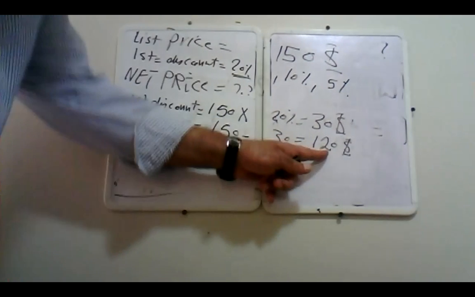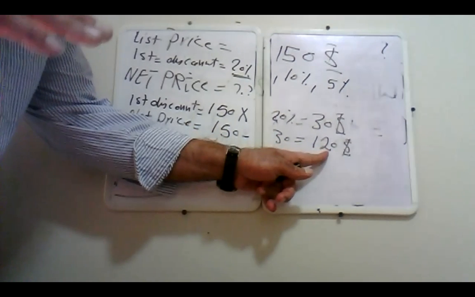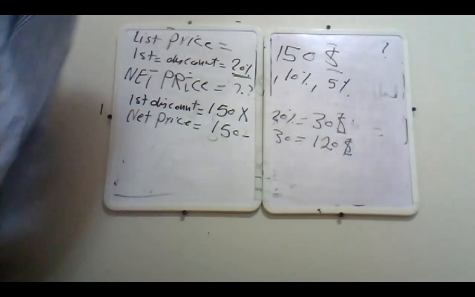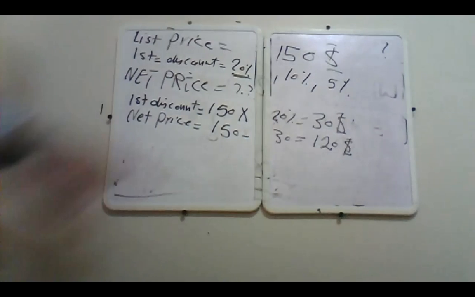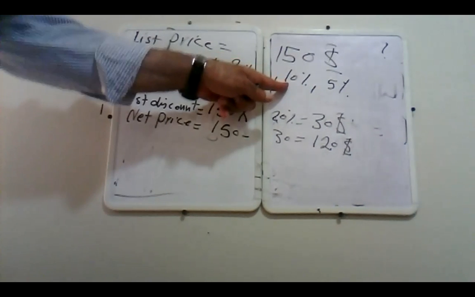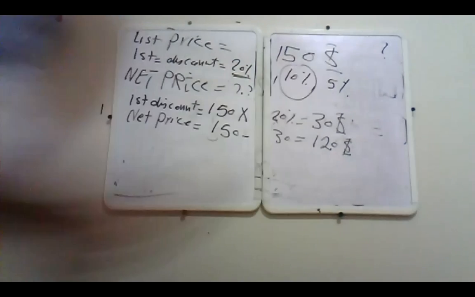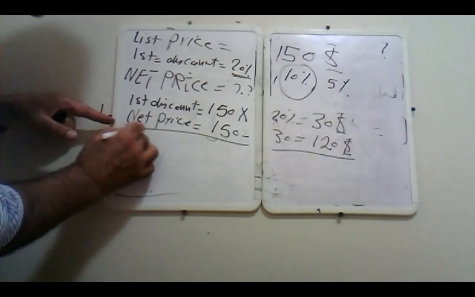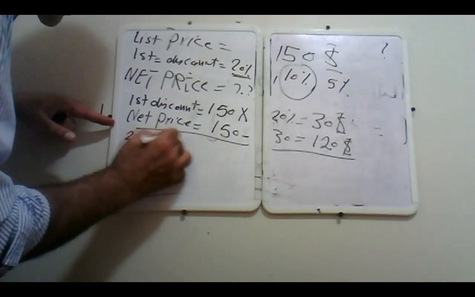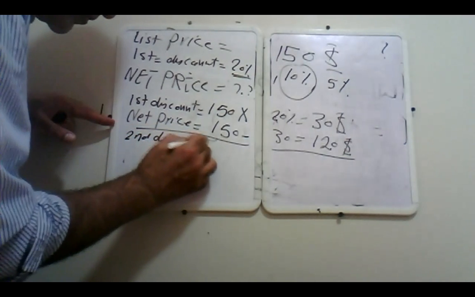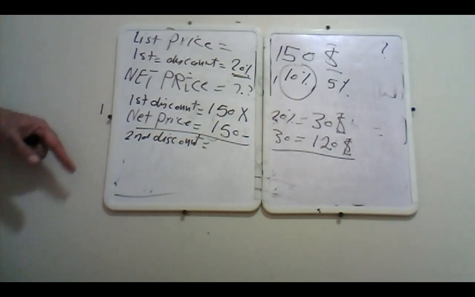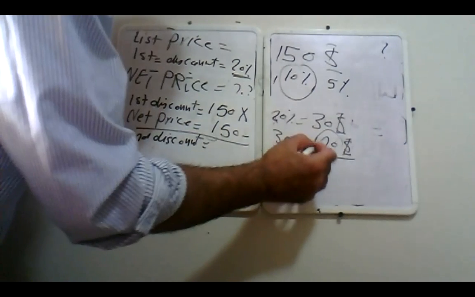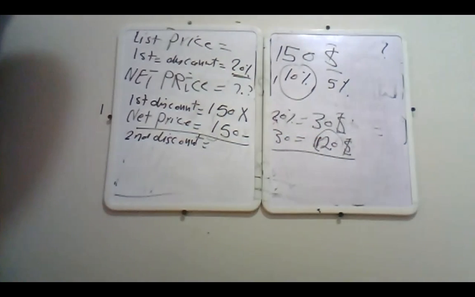So this net price of the first stage will be the list price for the second stage. So in the second stage, we have a discount of 10%. So we are done now for the first, okay? Then second discount will be, I won't take the 150, I will take the 120, it will be the list price.